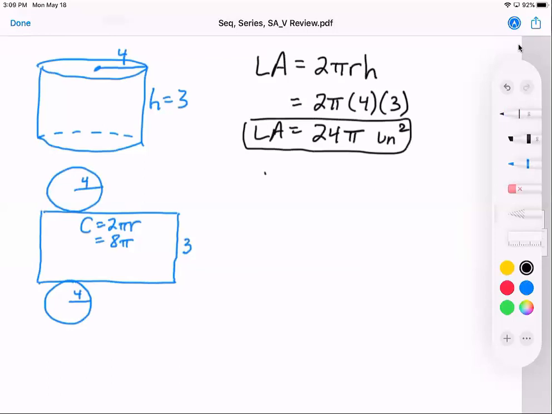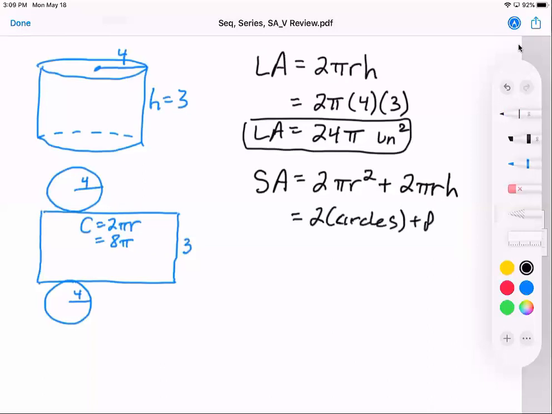Our surface area, we're going to add the top two circles. So you have two circles, 2 pi r squared, plus the lateral area, which is 2 pi r h. Or in other words, just to write it out in words for you, two circles plus the rectangular lateral area.